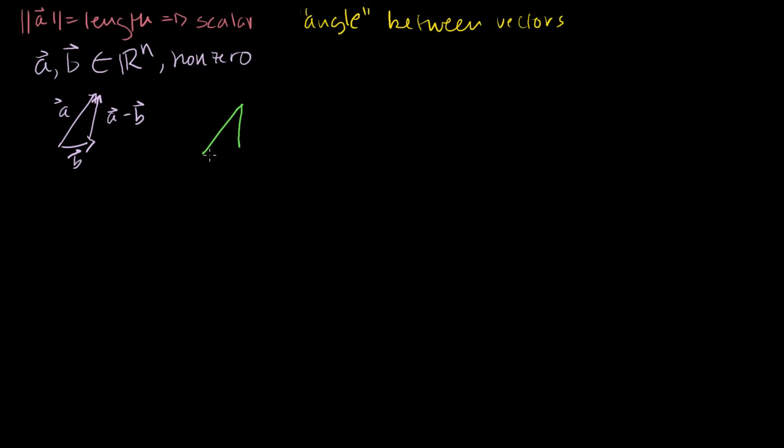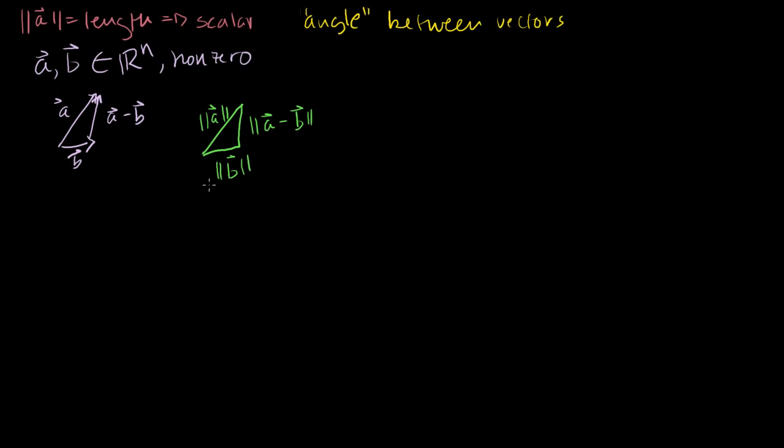And I'm going to define the sides of the triangle to be the lengths of each of these vectors. Remember, I don't care how many components they have, the lengths are just going to be numbers. So the length of this side right here is just going to be the length of a. The length of this side right here is the length of vector a minus vector b. And the length of this side right here is going to be the length of vector b.